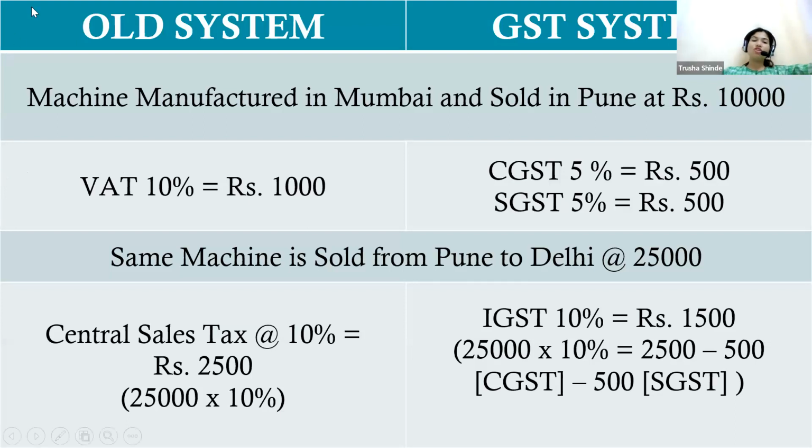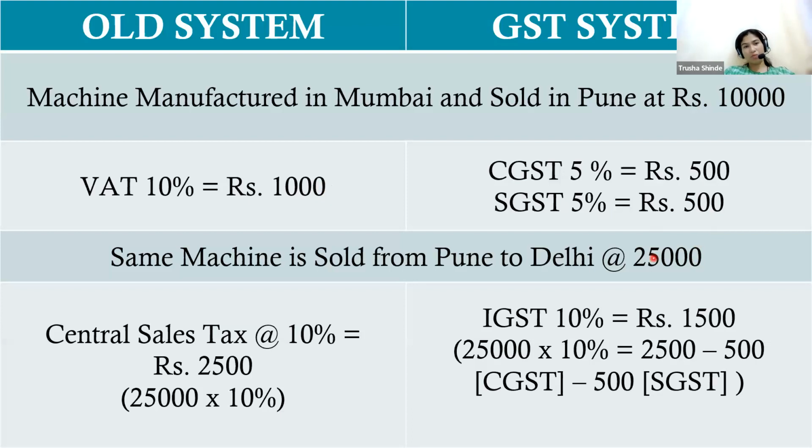The charge was on rupees 1000. Now the same machine has been again sold from Pune to Delhi for rupees 25,000. Now in this, whatever expenses, the addition has been added to it. From this 25,000 only, the taxes have been charged.